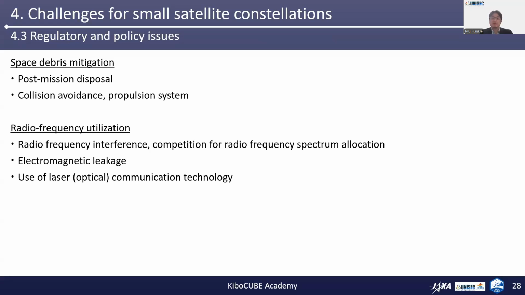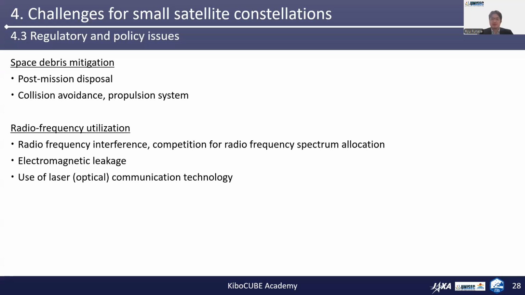In order to control the proliferation of space debris and realize the constellation in a sustainable manner, it is necessary to ensure that each satellite is disposed of after its mission and to prevent collisions with other satellites and debris during operations. A propulsion system that makes this possible is considered to be almost indispensable.